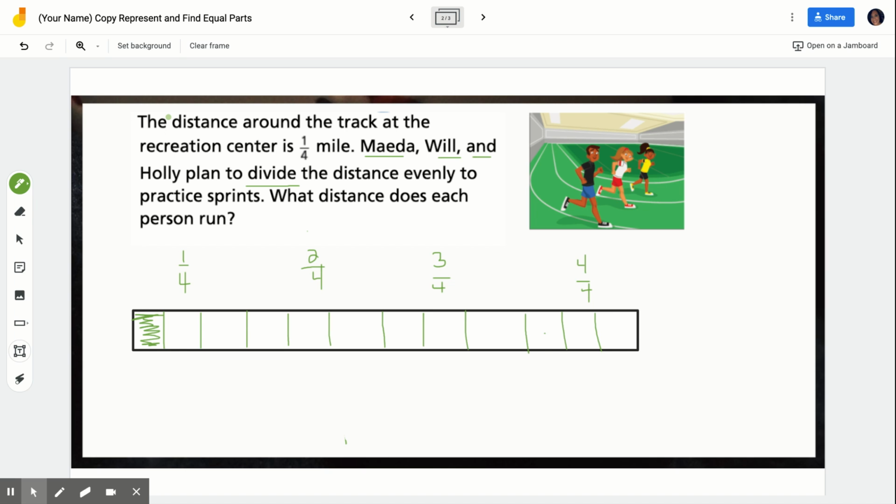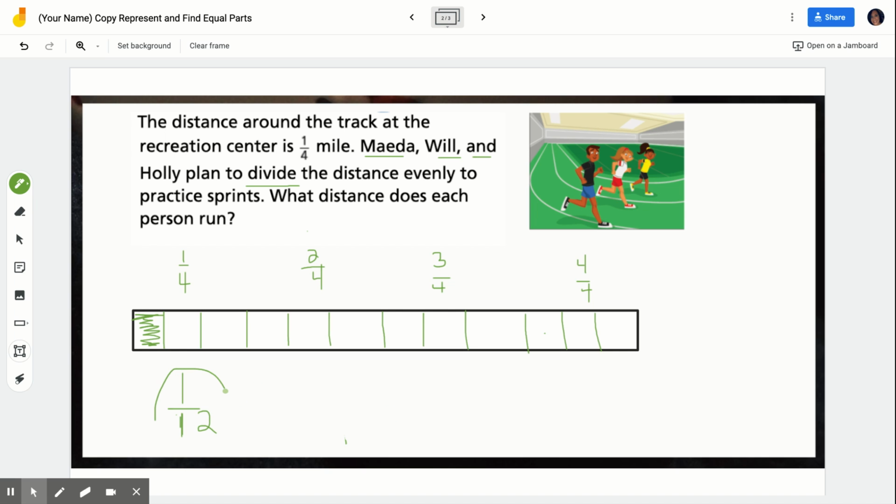All right, so how much does each person run? It would be 1 out of 1, 2, 3, 4, 5, 6, 7, 8, 9, 10, 11, 12. So 1/12 mile, or 1/12 of a mile.